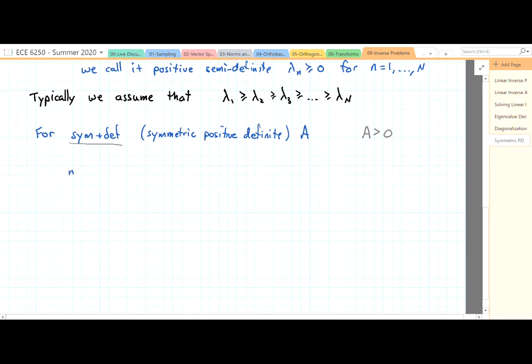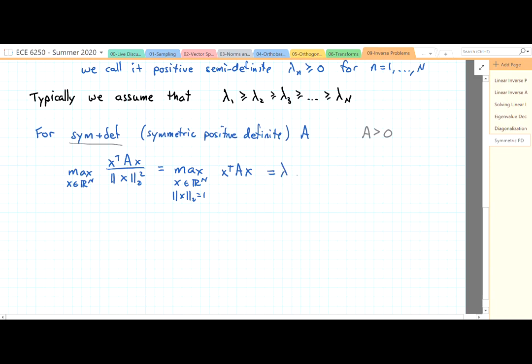So in that case, if you pick any vector x and multiply it like so, x transpose Ax, and then normalize it by the norm of x squared, that's the same as saying choosing any x such that the norm of x is 1, the max of x transpose Ax.